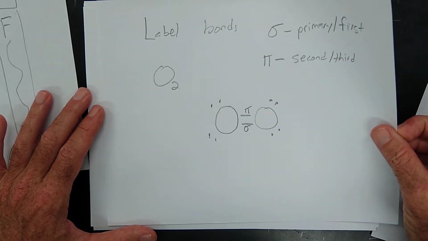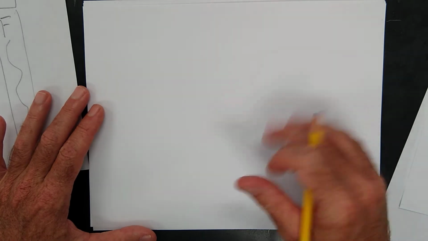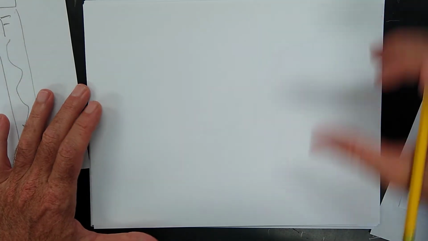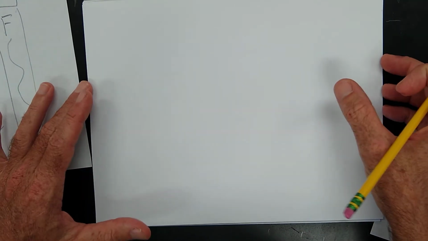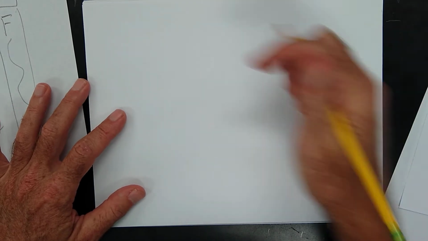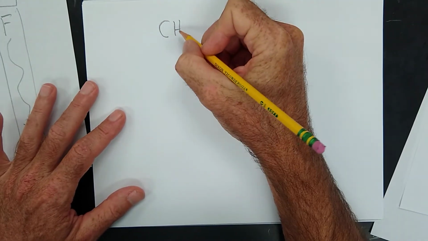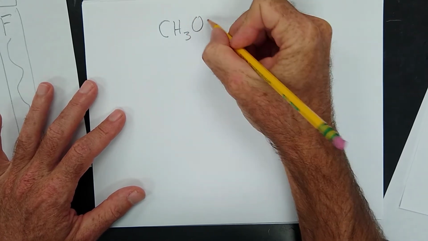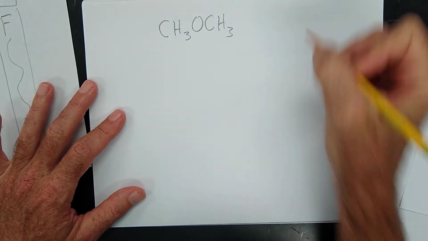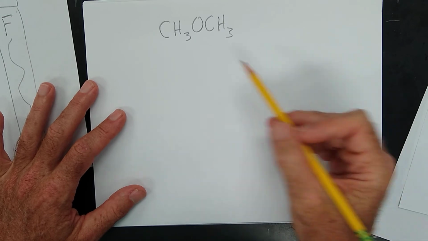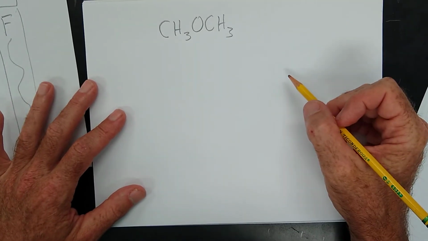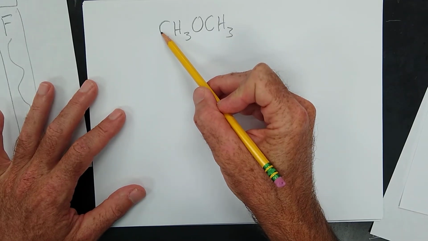The last thing that I'll say to you is sometimes molecules are written especially to help us draw them. Check this formula out. What about CH3OCH3? Okay, now if we were going to draw a Lewis structure of this, every carbon is going to need to have 4 lines.